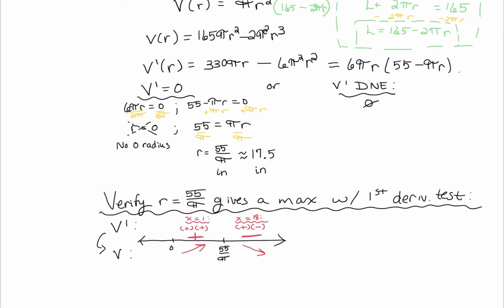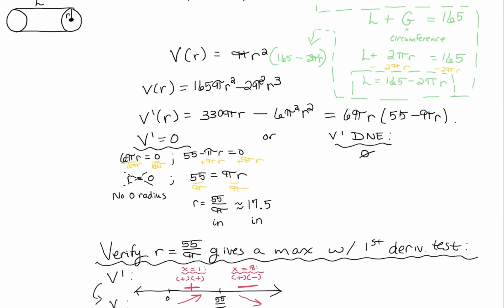And so, of course, if we're changing from increasing to decreasing, that does tell us that at r equals 55 over pi, this is going to be the location of a max. All right, so we have verified that with the first derivative test.